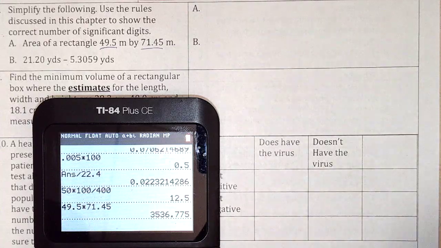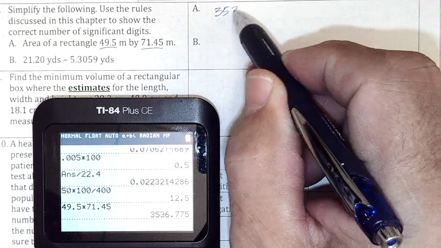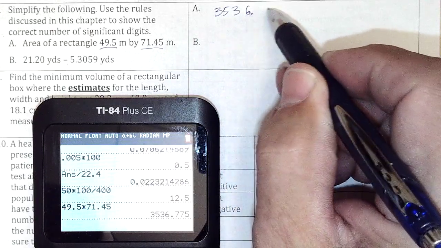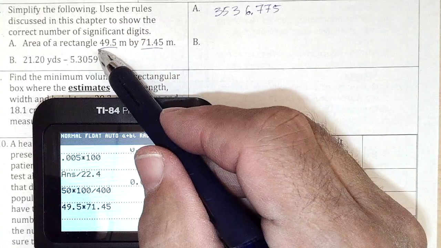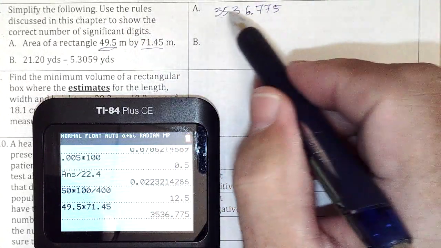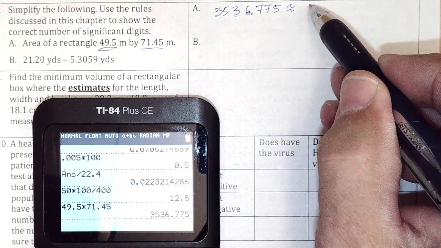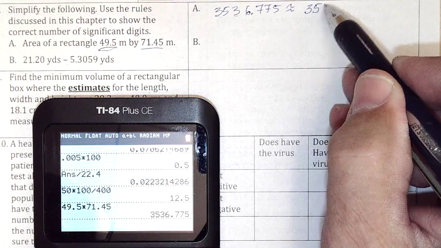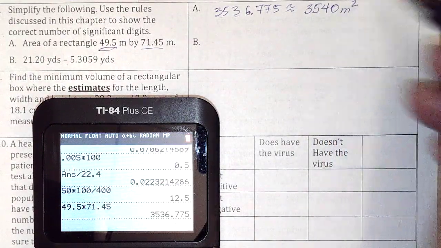Enter, and I get 3536.775, but I got to round to 3 significant digits. So I would have to go, which is approximately 3540 meters squared.